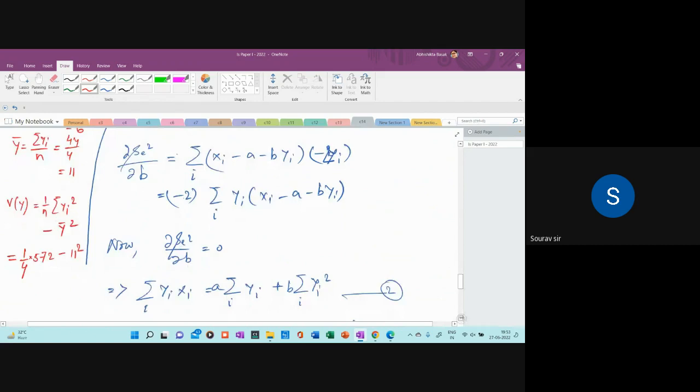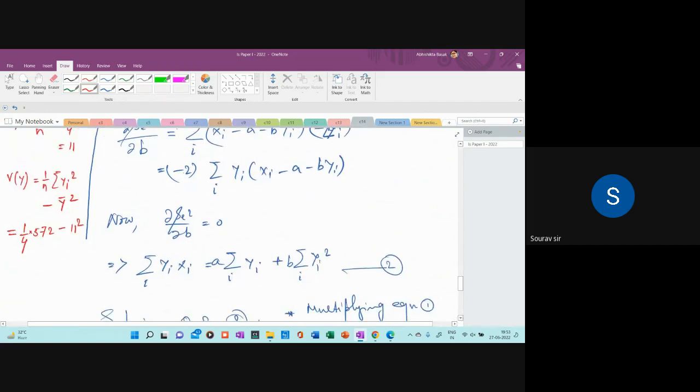So let's compute this. 572 divided by 4 is going to give me 143, and minus 11 square, which is 121. So 143 minus 121 basically gives me 22. So variance of y is 22.